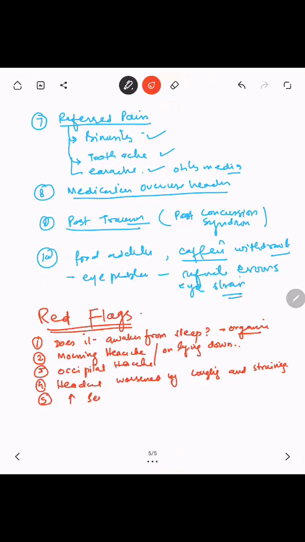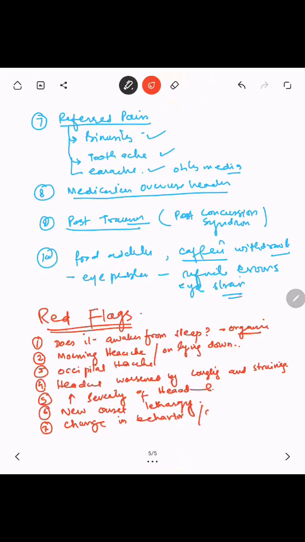This is another red flag. Increasing severity of headache. Okay, and new onset lethargy. And not the least, change in behavior or school performance. So you need to know these red flags in history.